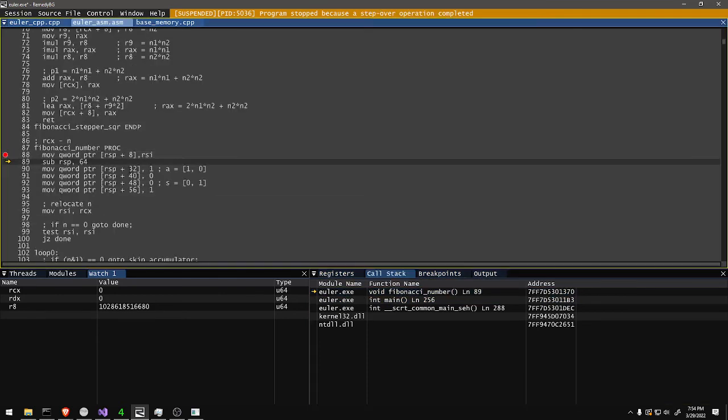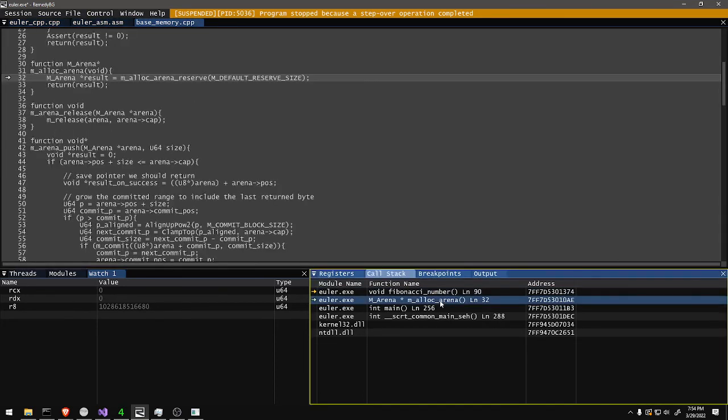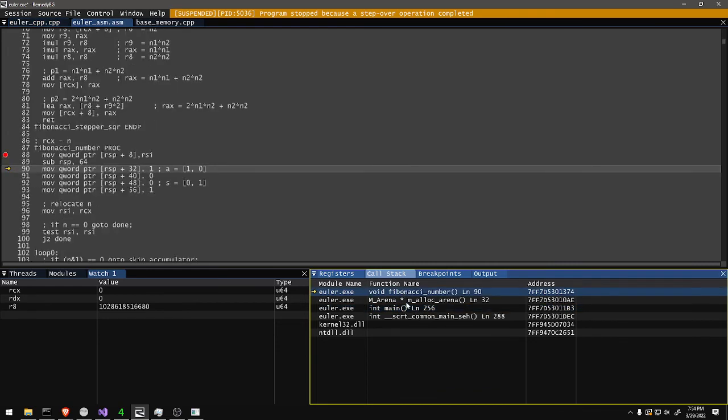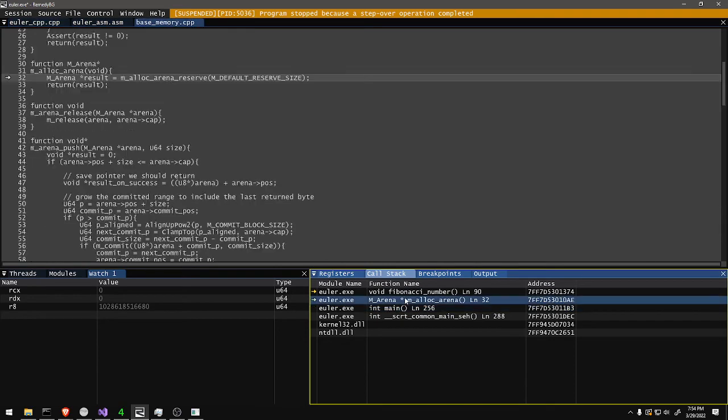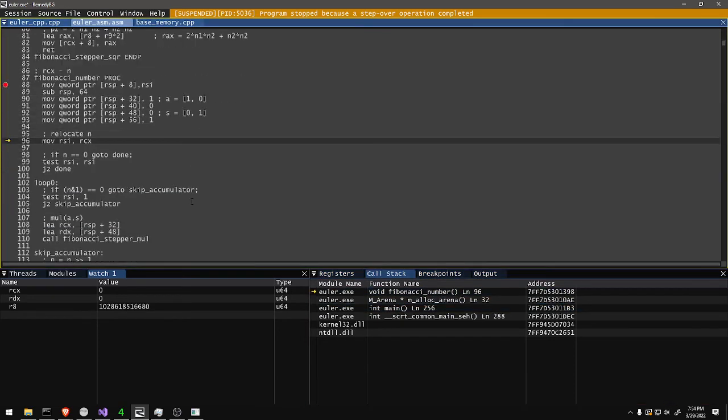Now if I step in and let it modify the stack like this, it's now got the wrong idea. It thinks alloc arena somehow called me, it's still correctly figuring out about arena there, so it got lucky, but it's like the stack is wrong here, right? And it's totally possible.